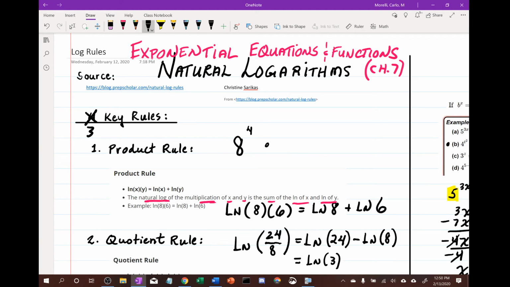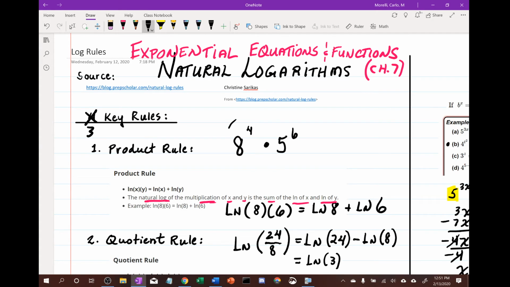Now, put a little multiplication symbol. Devante, could you please give me a number between 1 and 10? 5. And Ollie, could you please give me a number between 1 and 10? 6.